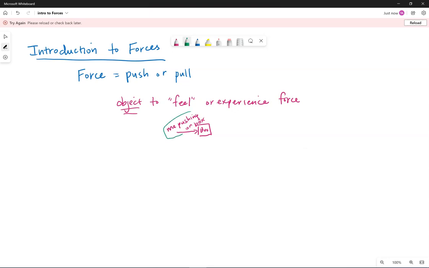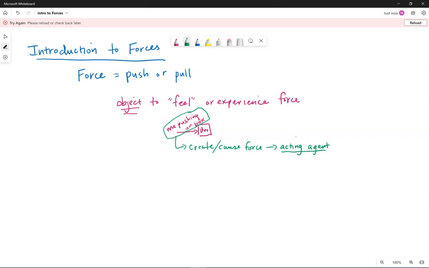But something has to cause or create the force. Our author calls this the acting agent. So in this particular example, I would be the acting agent because I am the one pushing on the box. So I'm causing or creating the force.